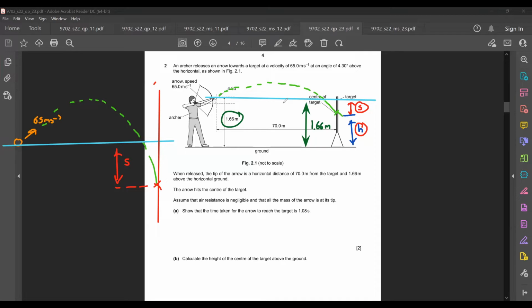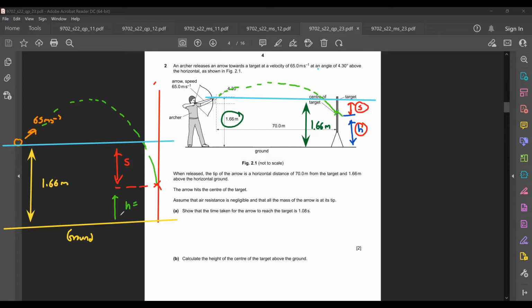So if this one was what you have just now, I tell you that this one is the ground, and this one is 1.66 meter. My height above the ground would just be 1.66 minus s.